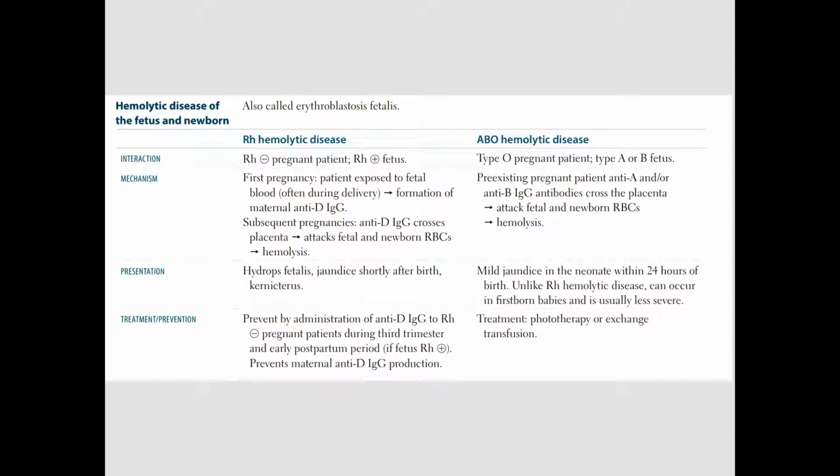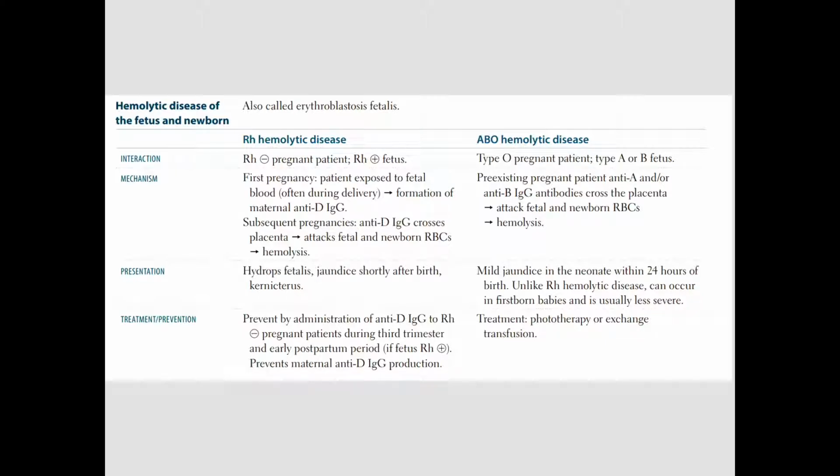Okay, so as you can see here, sometimes this is called erythroblastosis fetalis, because rhesus conflict happens in mothers, and we can easily prevent this by just administering anti-D immunoglobulin to the mother who has risks of developing this immunoglobulin. So here is the mechanism of how we can prevent it.